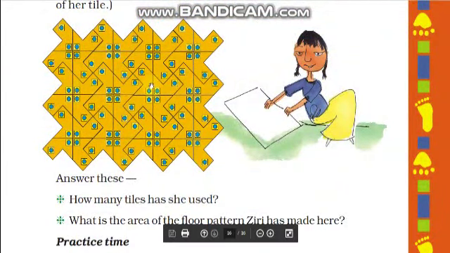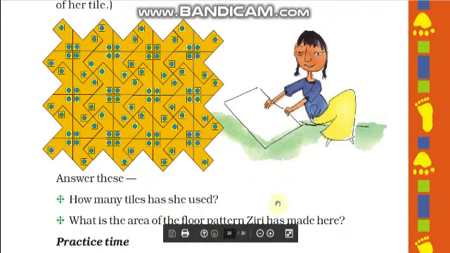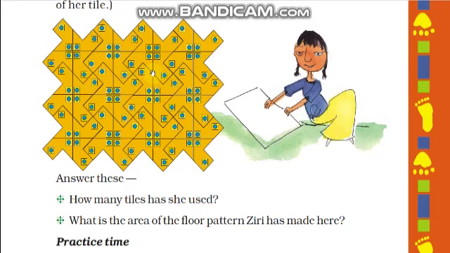There are how many tiles? 1 2 3 4. There are 12 tiles, and what is the area of the floor pattern? 1 tile is of 9, so 12 are of 108 square centimeter.